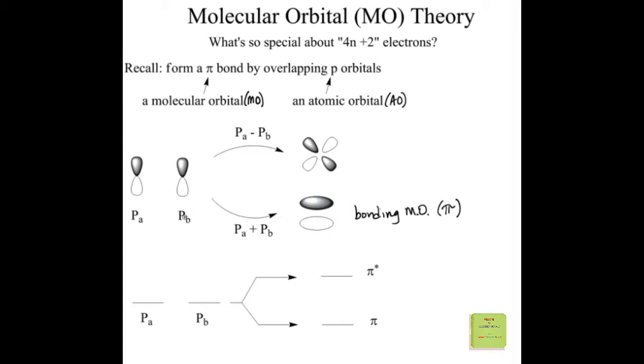Okay, but that's not the only possible combination. If you subtract these two so that the phases don't match up, we describe them as being out of phase, we get this as our molecular orbital. This is described as an anti-bonding orbital, and we call it a pi star. The asterisk indicates that it's an anti-bonding type of orbital.